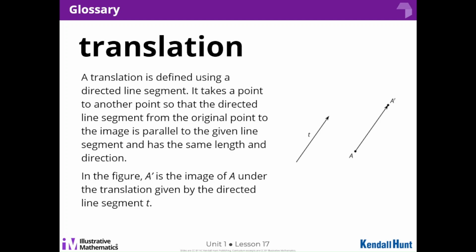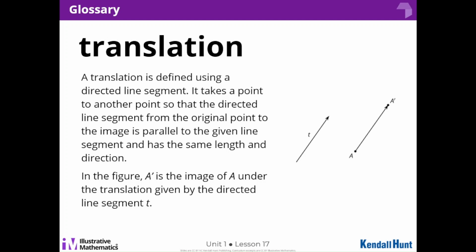Translation. A translation is defined using a directed line segment. It takes a point to another point so that the directed line segment from the original point to the image is parallel to the given line segment and has the same length and direction.